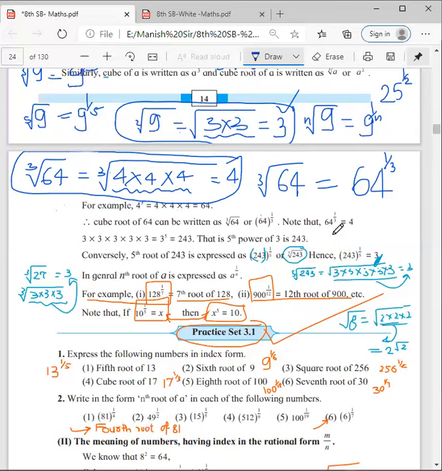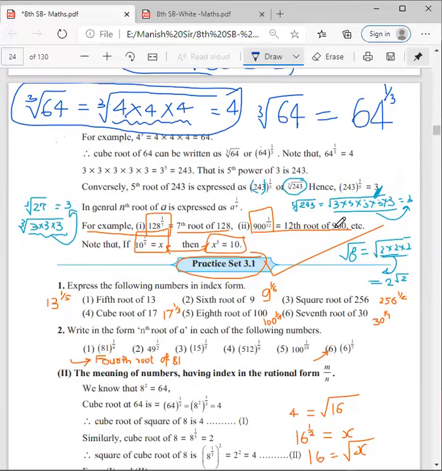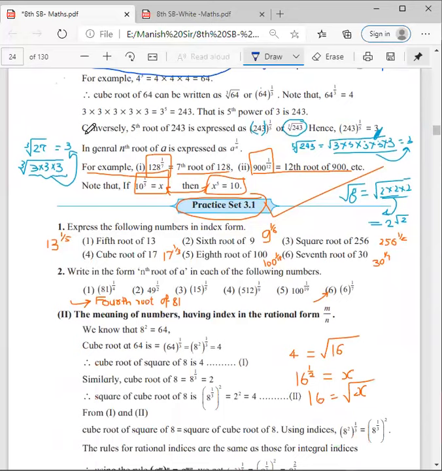Okay. Now we will proceed further. See what they have given next. Conversely, the fifth root of 243. Before that, see what they have written: 3 into 3 into 3 into 3 into 3. That is 3 multiplying 5 times, and that is equal to 3 raised to 5. You all can see at this place. And 3 raised to 5 is nothing but 243.